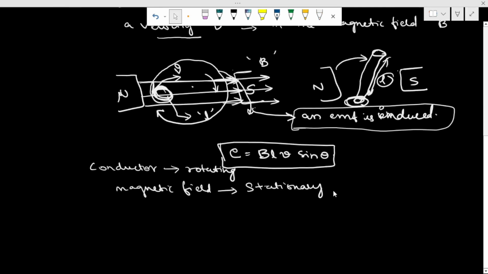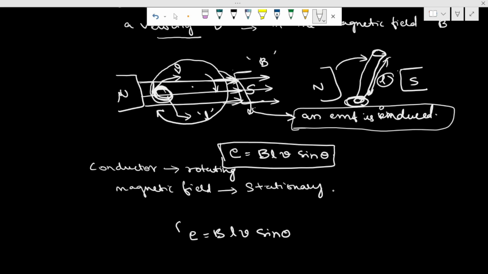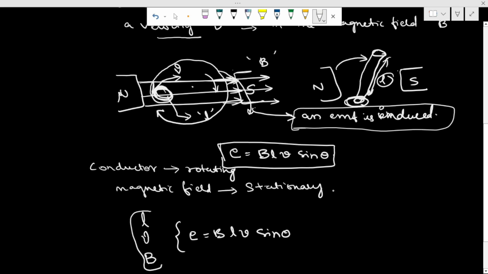Before going to the electric motor, let us see how mechanical energy is converted into electrical energy with this formula. We are considering conductor length L, the conductor moving with a velocity V, and flux density B. These three give the magnitude of the induced EMF.